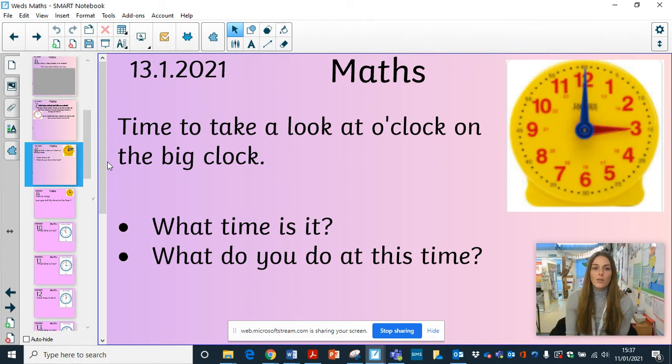Time to take a look at o'clock on the big clock. What time is it and what do you do at this time? I'm going to show you some times on the clock. Again, this is just a recap of yesterday's learning. See if you can tell the time. Okay, that is 3 o'clock. What time is it? What do you do at this time?